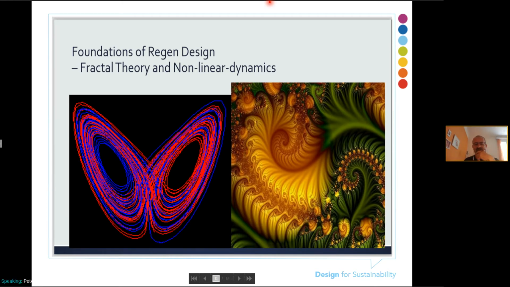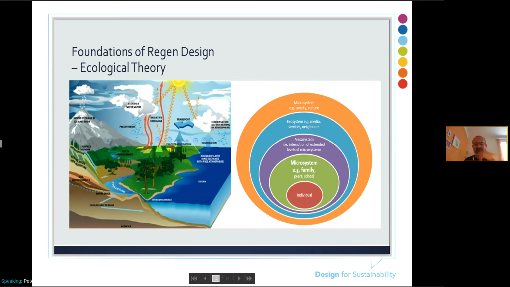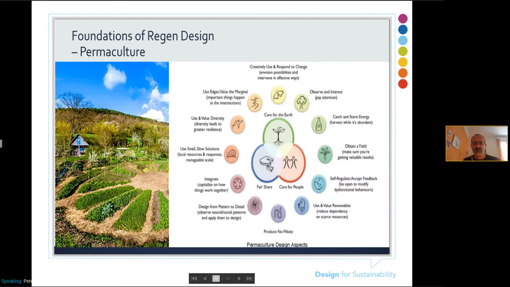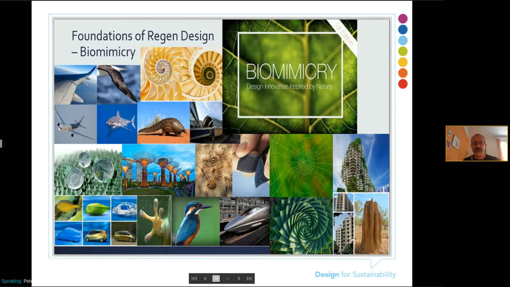Fractal theory and non-linear dynamics, ecological theory, all these concepts are interlinked with each other and used in different ways. Permaculture as a systems-based design approach is of course very prominent in regenerative design.